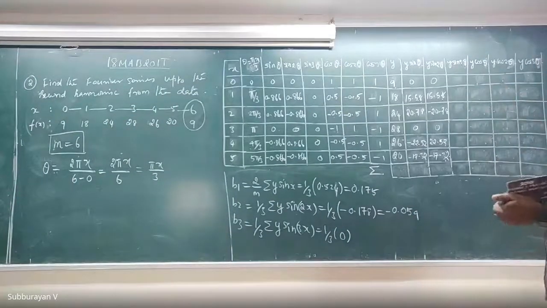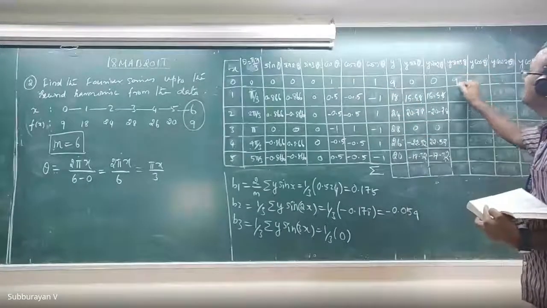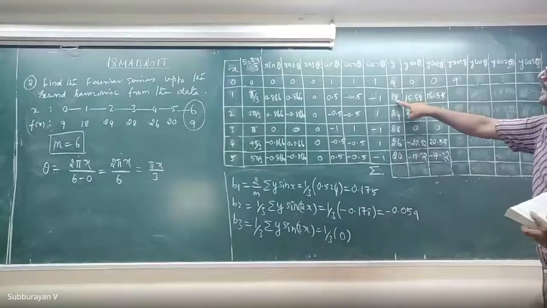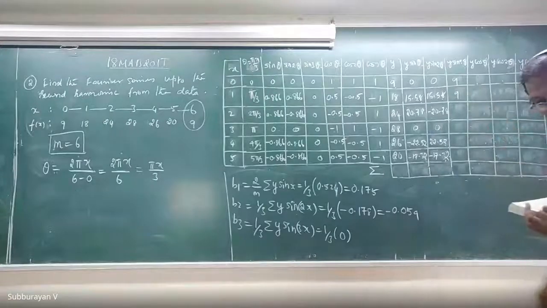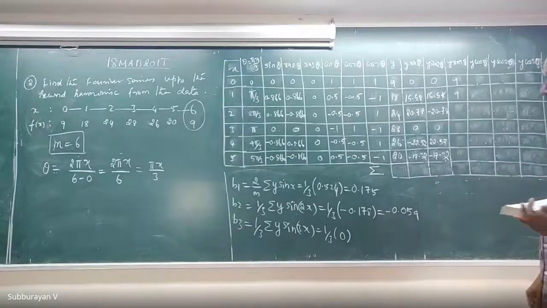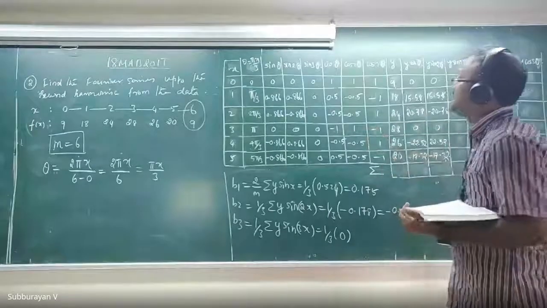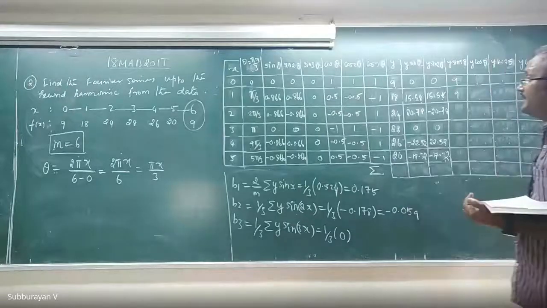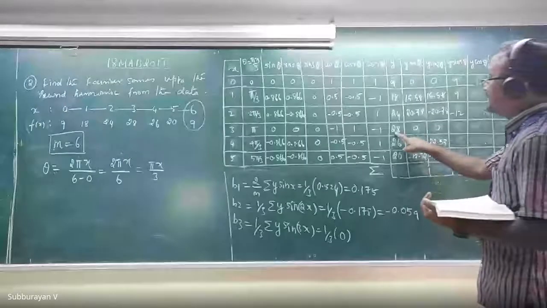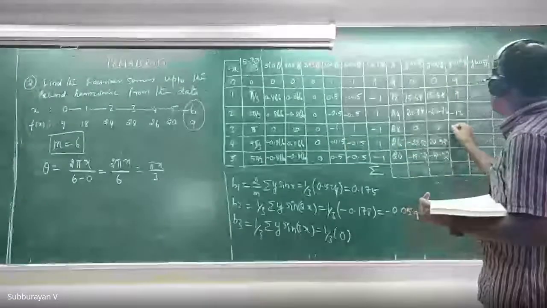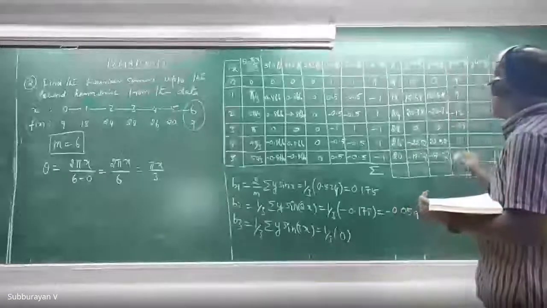Now come to y cos theta. Y is 9, cos theta is 1, therefore this is 9. Y is 18, cos theta is 0.5, therefore again this is 9. Am I right? And this is 24, cos theta is minus 0.5, therefore minus 12. 28 into minus 1, therefore minus 28. 26 into minus 0.5, therefore minus 13.